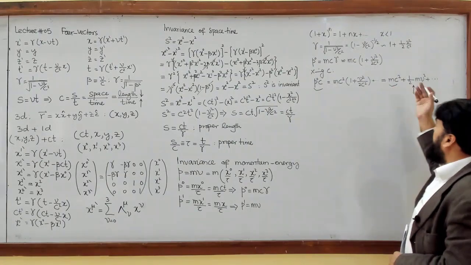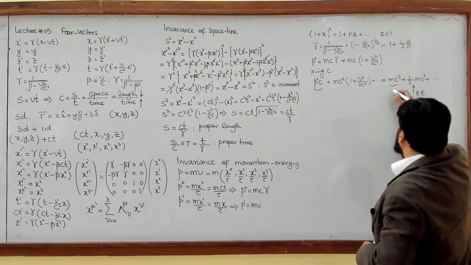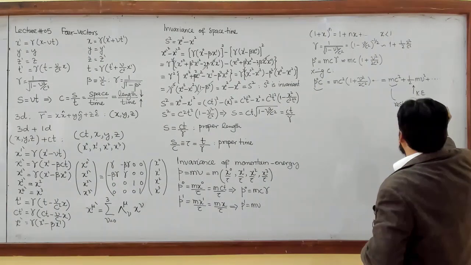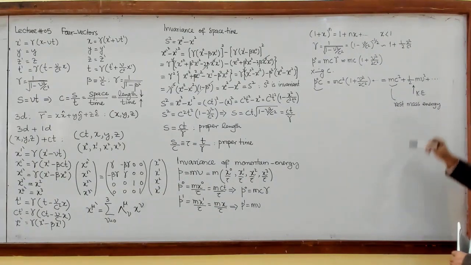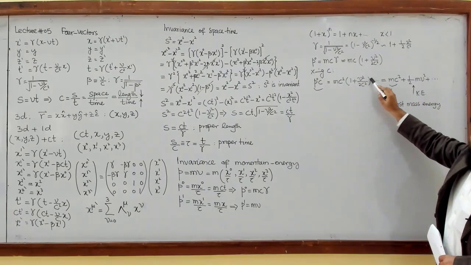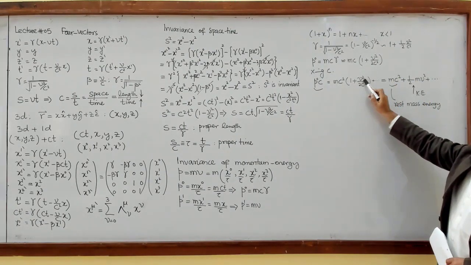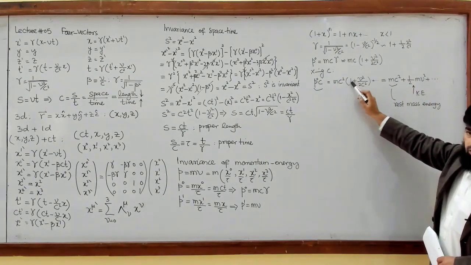So it means that this is the energy which we call the rest mass energy. Why? Because look here, mc squared, whatever other terms will come, it will include v in it. v will be there for all other terms except the first term.